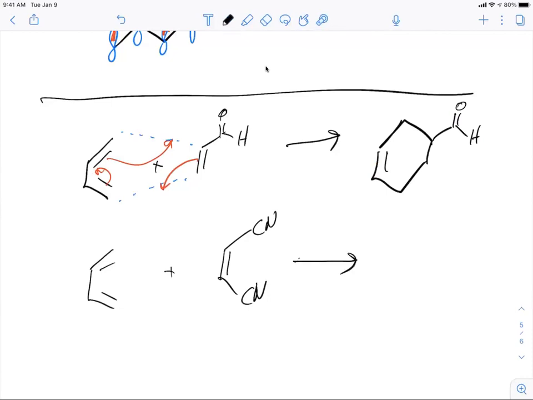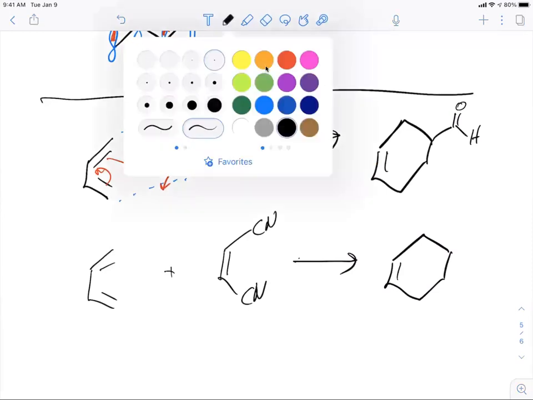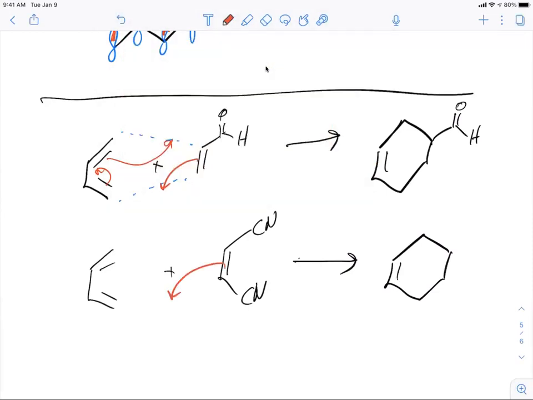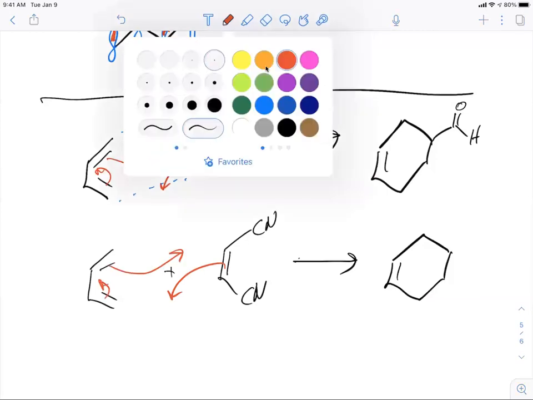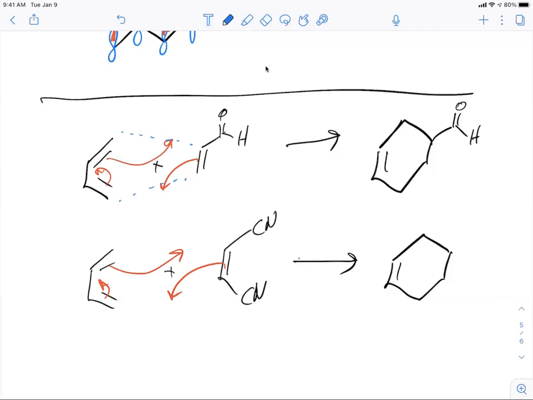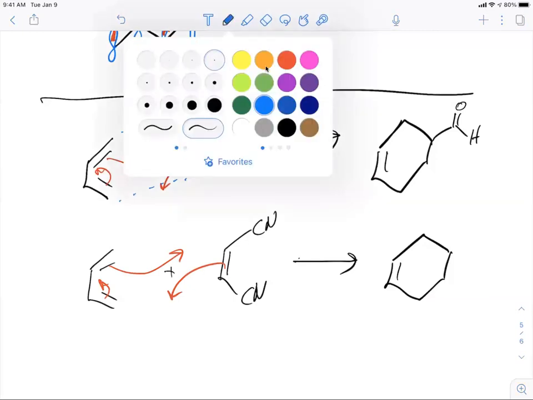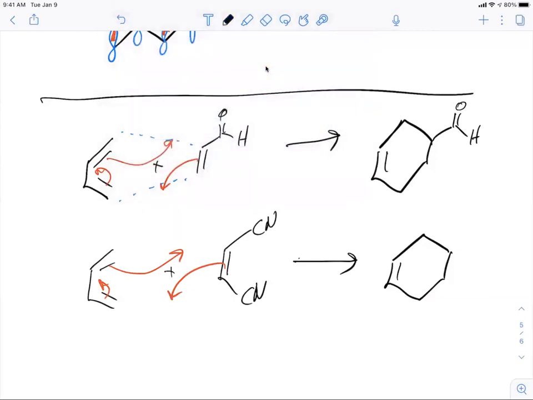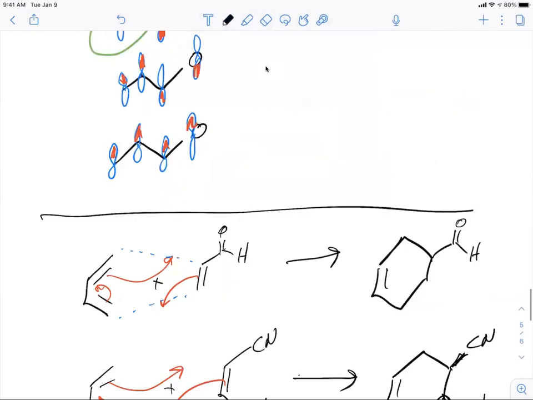On the second one here, we'll see that again we're going to form the 6-membered ring. So this is going to come here, this is going to go here, that'll go out there. All right, so we end up with our double bond here. And then the thing to remember on this is that when these two things come together, right?